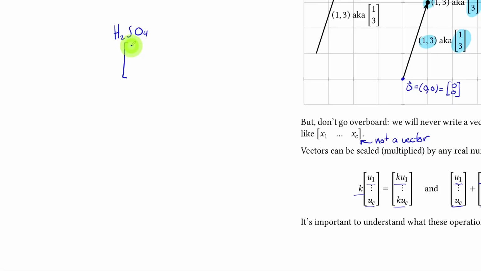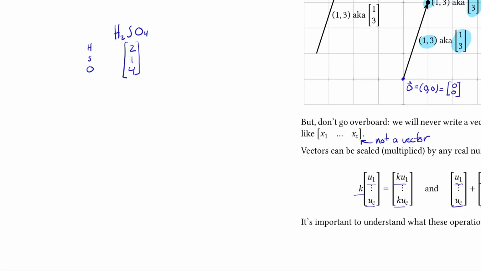So if you just have one molecule, that would be 2 hydrogens, 1 sulfur, and 4 oxygens, like so.